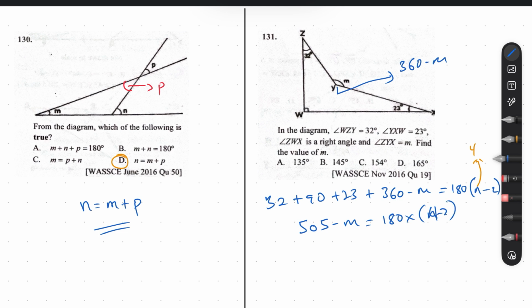So let's just write it down: 180 times 2. So our m is equal to 505 minus this, which is 360. So our m will give us 145. So 145 is B. Cool.